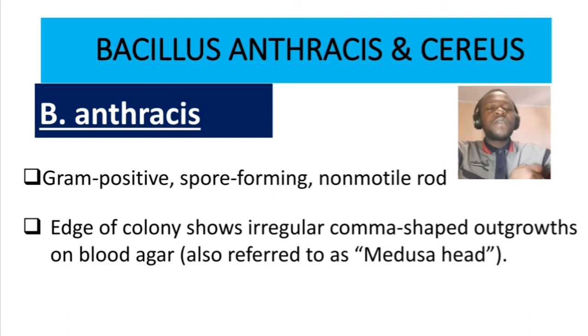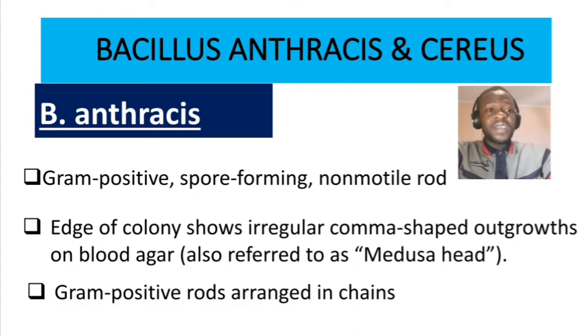These are referred to as medusa head, and I'm going to show you that in just a moment. In some questions, they can refer to Bacillus anthracis as gram-positive rods arranged in chains. I'm going to show you that again.